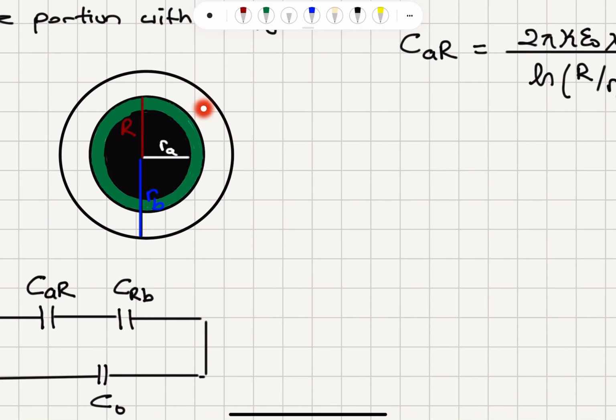That's the capacitance in between these two conductors, this conductor and this conductor.